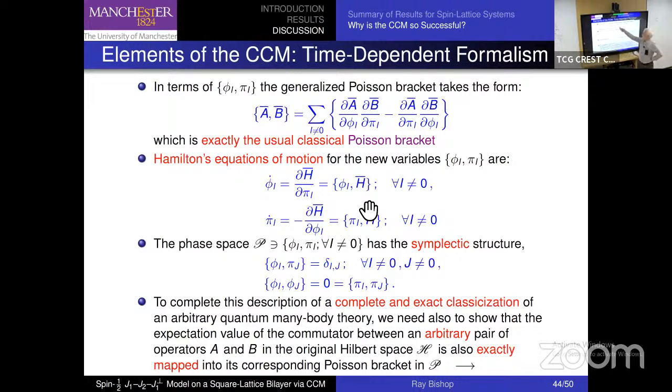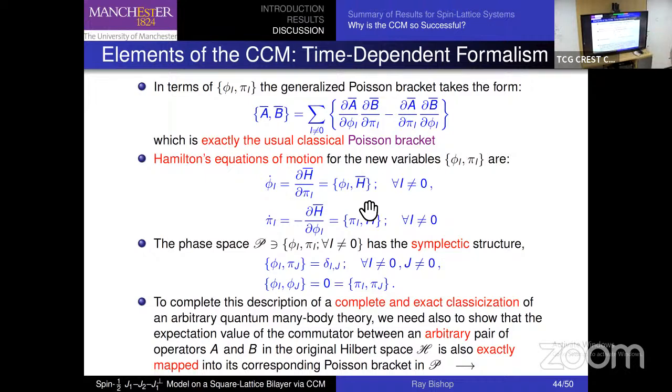And if you only have one phi and one pi, x and p, this is exactly the classical Poisson bracket for one variable and its canonical conjugate. These are Hamilton's equations of motion for the new variables. This is the phase space. And it's what the mathematicians would call, in a modern way of doing classical mechanics, a symplectic space. And a symplectic space is one that simply has these not commutators, but Poisson brackets.